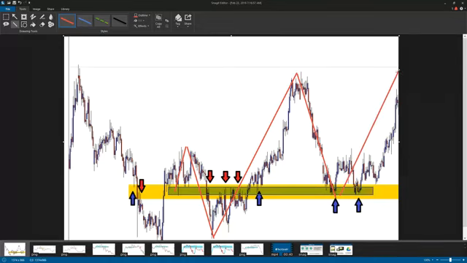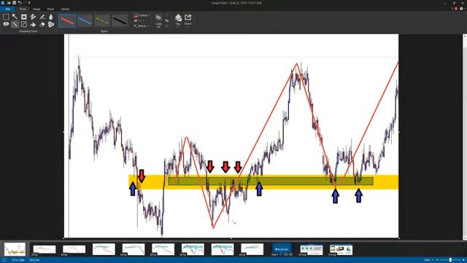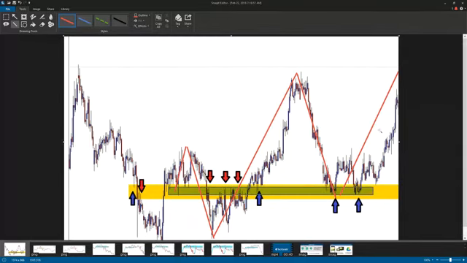So price comes back to this level. This is also a good place to find a QM level where there is high interest, a high possibility where support and resistance meet. This is a very high liquidity zone, so price will most likely come back to this area, right?